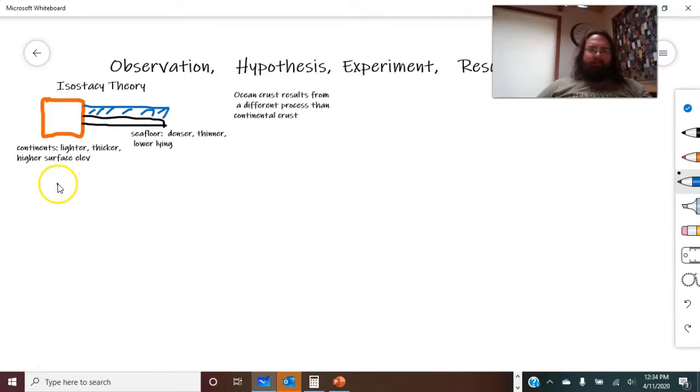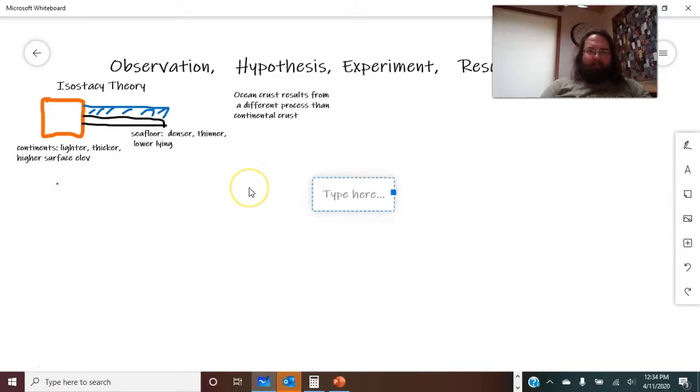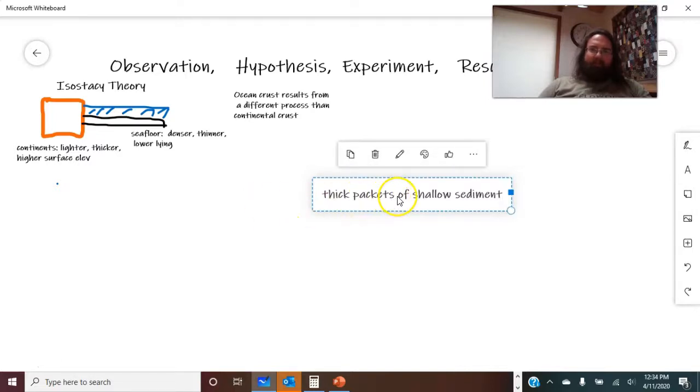First of these is, for a long time, people noticed thick deposits of shallow sediment.